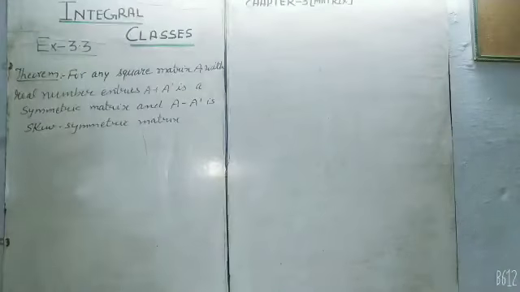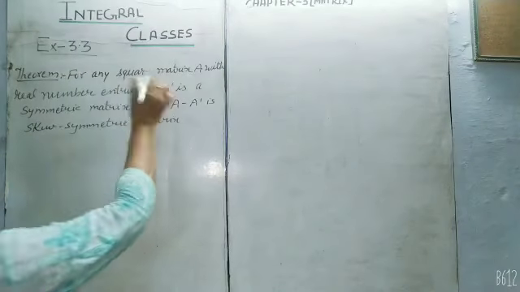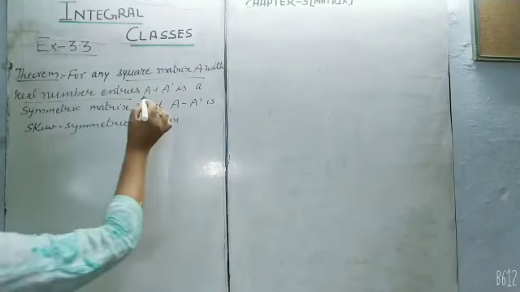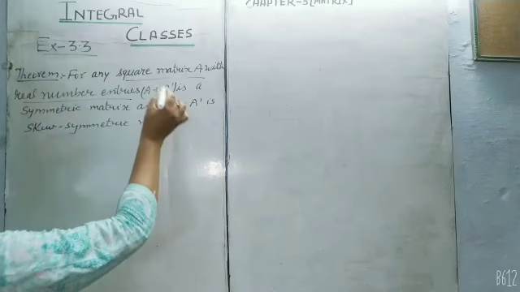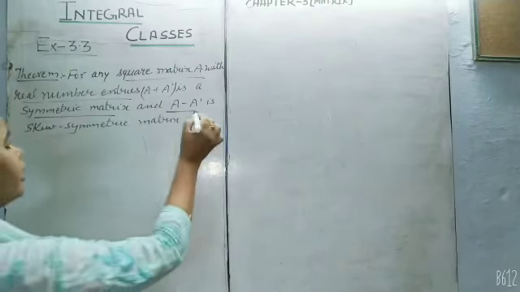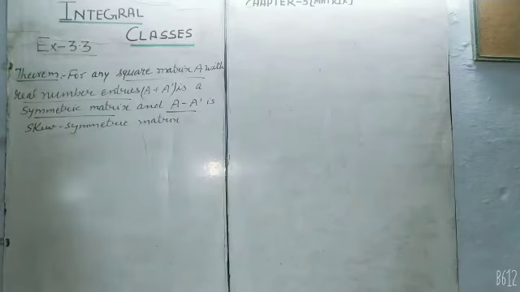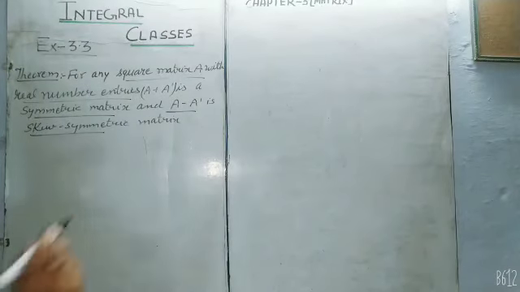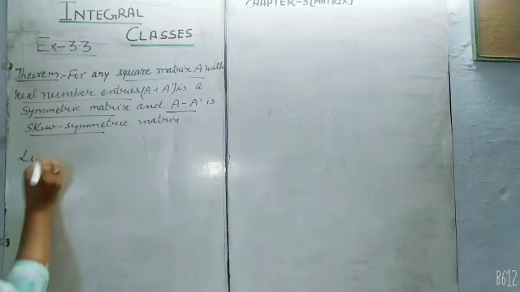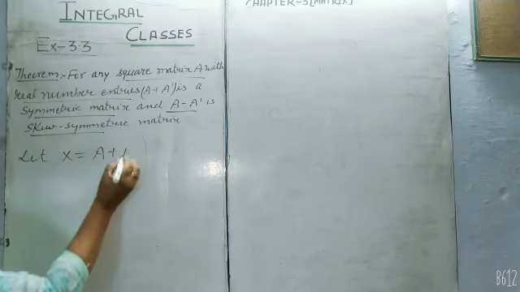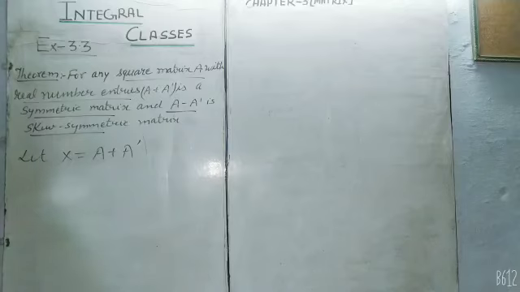Next theorem: for any square matrix with real number entries, A plus A transpose is a symmetric matrix and A minus A transpose is a skew symmetric matrix. We will prove this here. First, let X equal A plus A transpose.